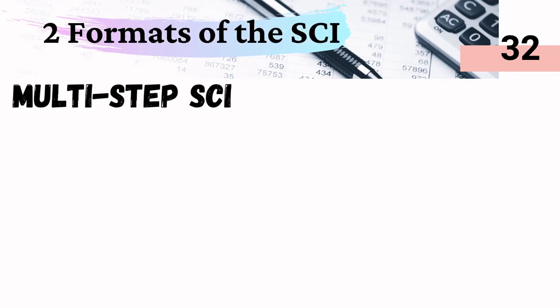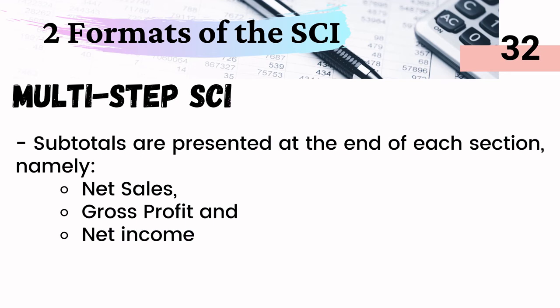Sa multi-step SCI, there are subtotals at the end of each section, namely net sales, gross profit, and net income. Expenses are listed based on usage or function of expense. Operating expenses are categorized into cost of sales, general and administrative expenses, and selling expenses.